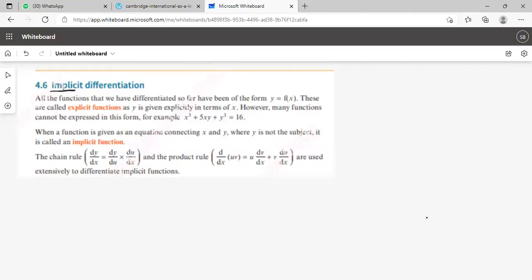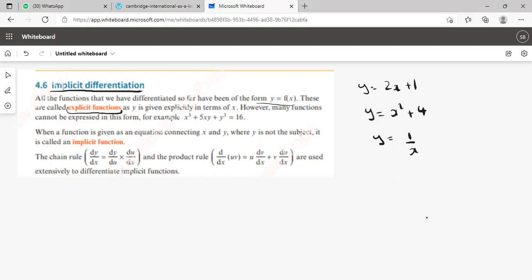So implicit differentiation. All the functions that we have differentiated so far have been of the form y equals f of x. These are called explicit functions. Explicit functions are of the type y equals 2x plus 1, y equals x squared plus 4, y equals 1 by x.